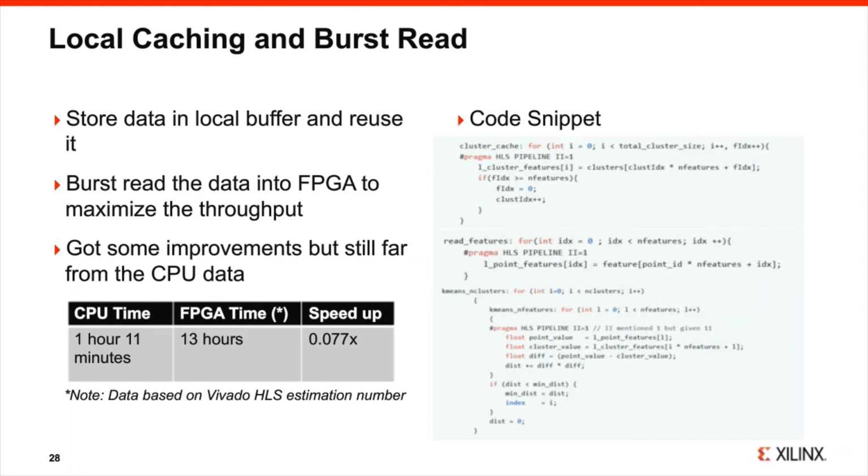Also, we can use burst read and write capabilities for DDR access by adopting correct HLS coding styles. The intent of using burst operations is to increase the throughput. After making those two changes, you will see that FPGA time is reduced a lot, but still worse than the CPU data. We still got a long way to go.